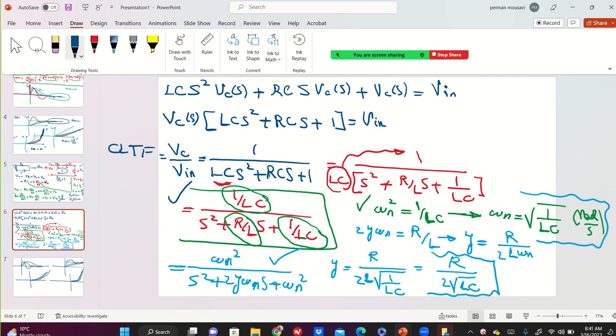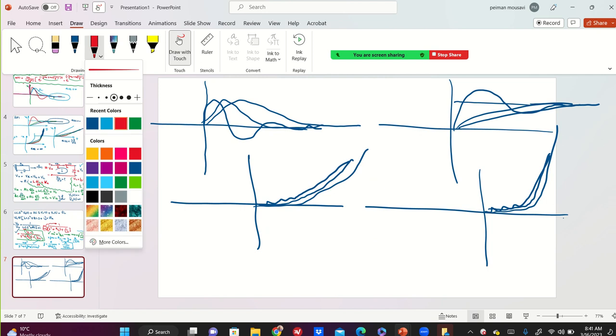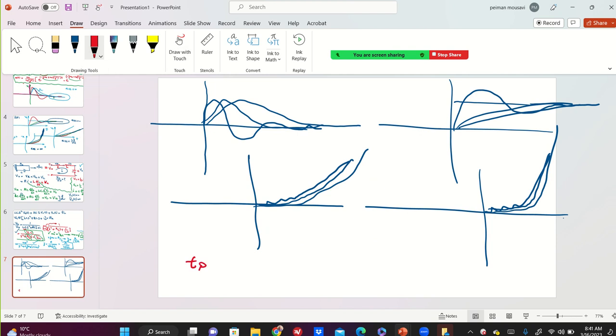But the only difference is that when I talk about the peak time for the voltage of the capacitor, Tp that we calculated was pi over omega d. You only have to change the parameters, because omega d is omega n times the square root of 1 minus zeta squared if your system is underdamped.